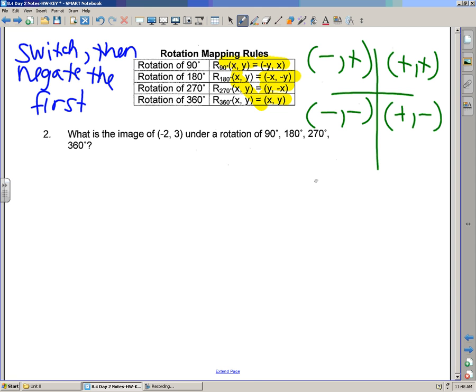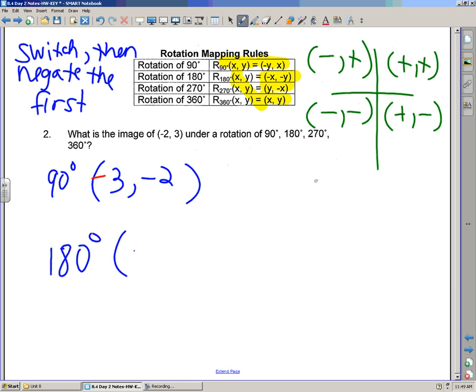So if we take the point -2, 3 and rotate it 90 degrees, we're going to switch the values, but negate the first. Then if we go 180 degrees, we're going to switch, but negate the first.